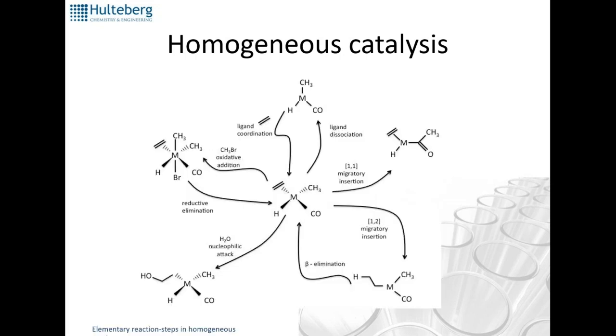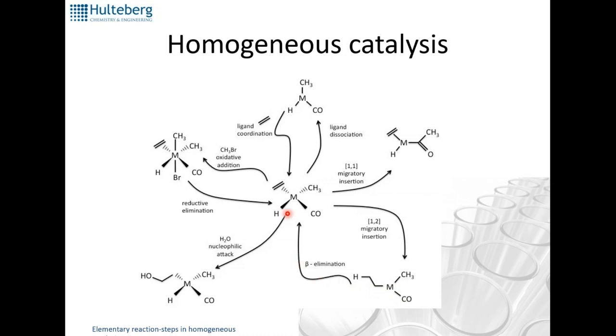Here you can see the different elementary steps. So we talk about ligand coordination when we add a ligand. A ligand can be removed again, so ligand dissociation. We can have a migratory insertion where we insert a group in between, this CO is moved here, and it can also be moved to the same metal in this case.